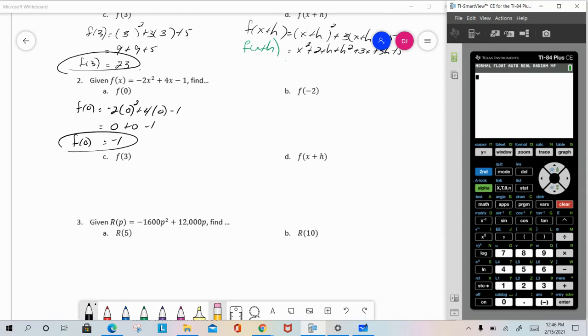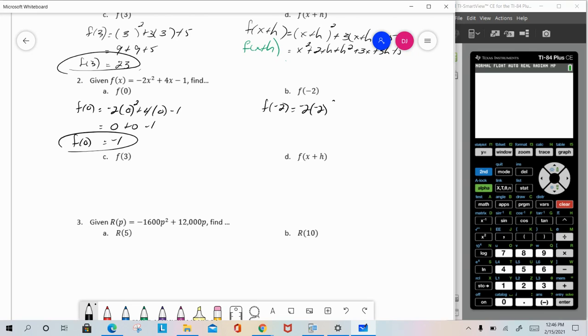Okay, so f of negative 2, same thing. What we're going to choose to do is replace the x with negative 2. So we've got negative 2 times negative 2 squared plus 4 times negative 2 minus 1.